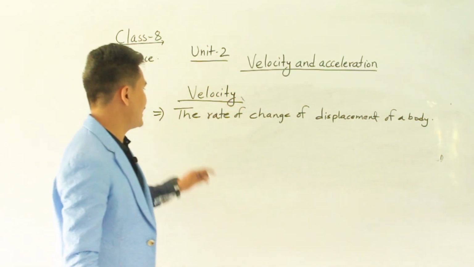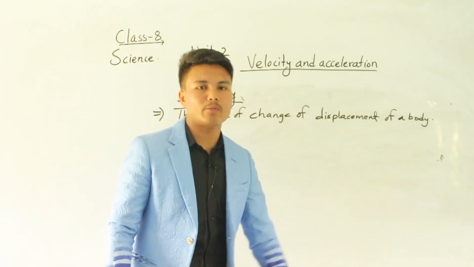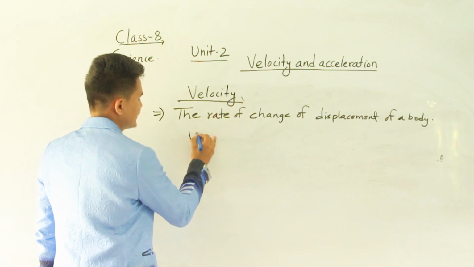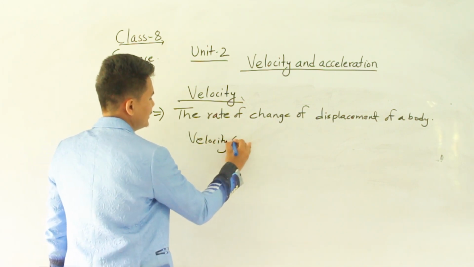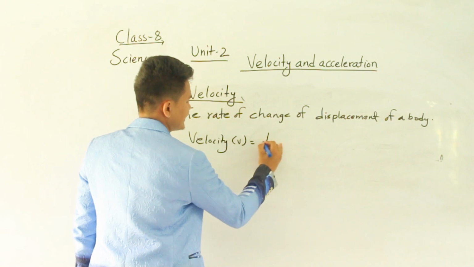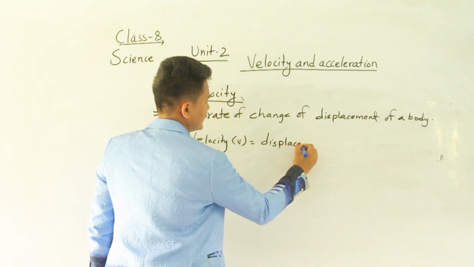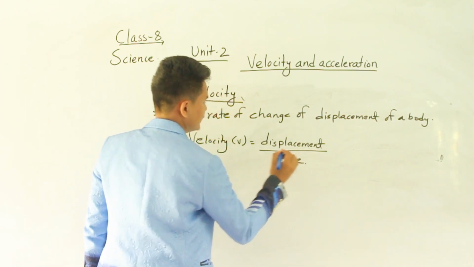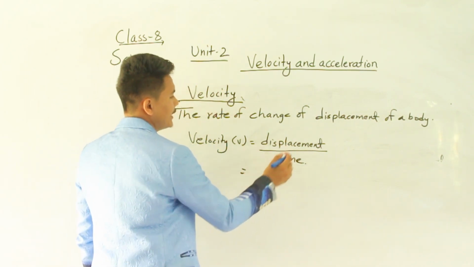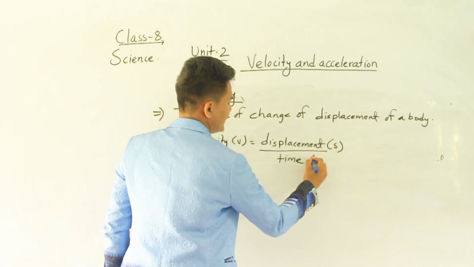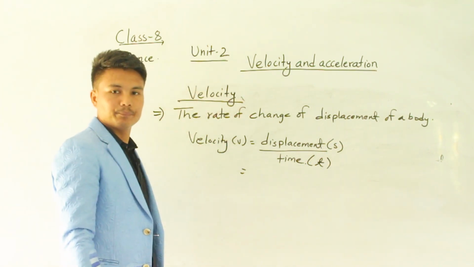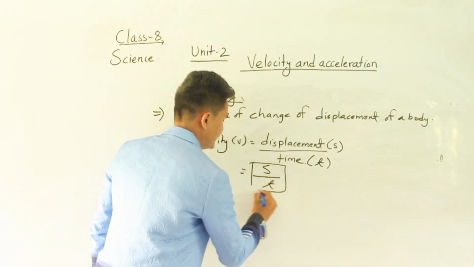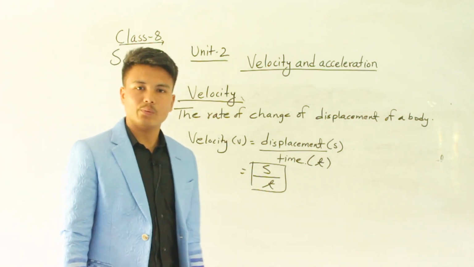Mathematically, the formula of velocity is like this: velocity V equals displacement upon time taken. Displacement is symbolized with S and time is symbolized with small t. So its formula is S by t. This is the formula. Please note it down.